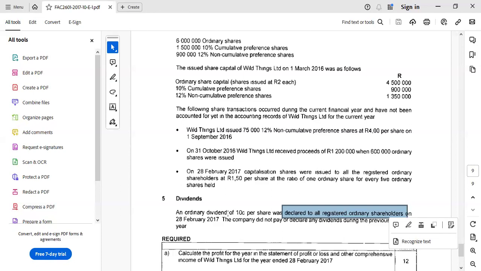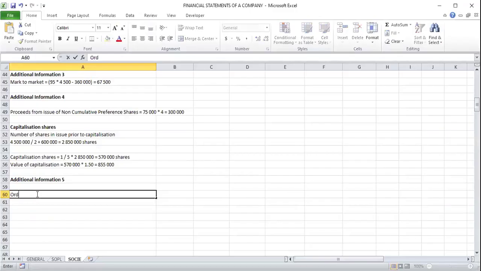Right. So what will happen here is our ordinary dividend is 10 cents per share. We multiply by the number of shares in issue by that date. Right. Our ordinary dividend would be equal to 10 cents multiplied by the number of shares.